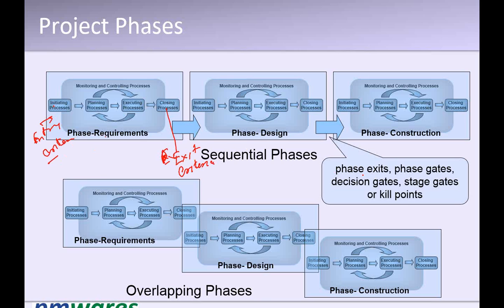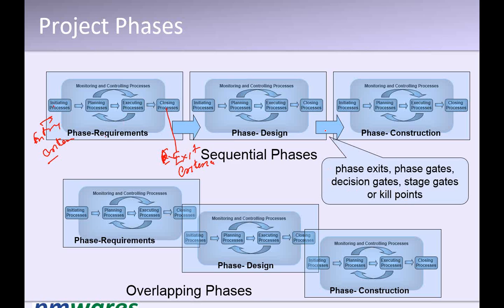And therefore you see there is some check that happens before the next phase starts. What are these checks called? They are called phase exits, phase gates, decision gates, stage gates, or kill points. They are the names of the same thing.